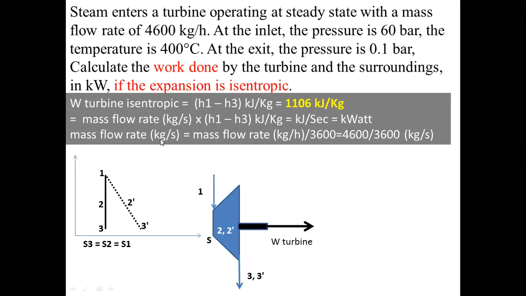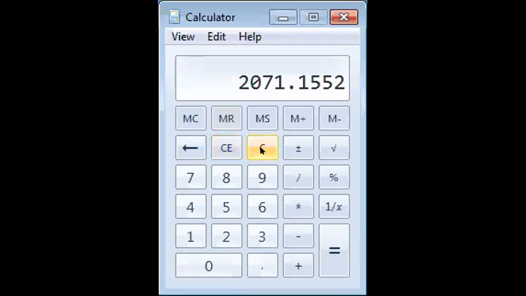So the mass flow rate in kilograms per second is 4600 minus 3 divided by 3600, that is 46 by 36 kilogram per second.